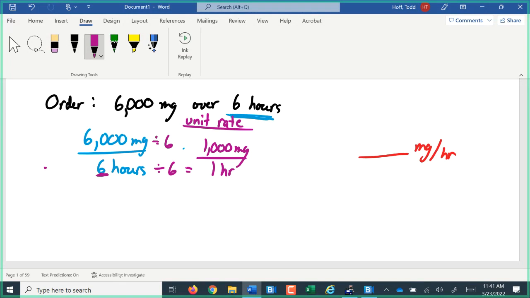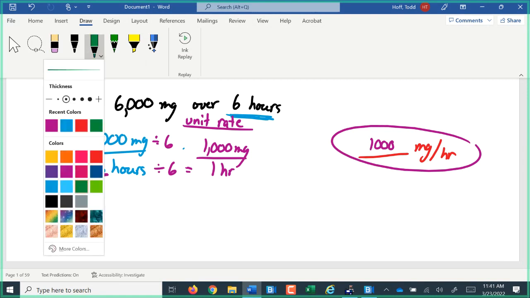So 1,000 milligrams over 1 hour, or just 1,000 milligrams per hour, is that flow rate. So technically that is a flow rate for this medication.